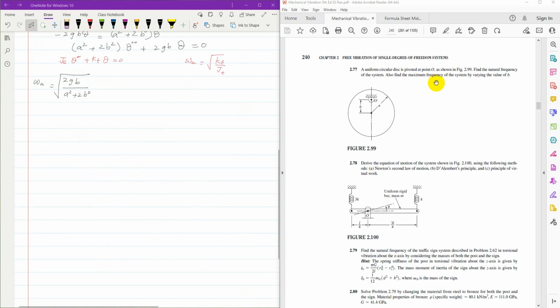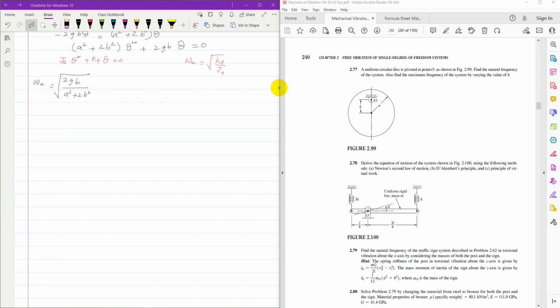For the next part of the question, find the maximum frequency of the system by varying the value of b. It means that we are now trying to develop a relationship between frequency and b. To get the maximum value, we first need to find the derivative of omega n with respect to b, and then the second order derivative.